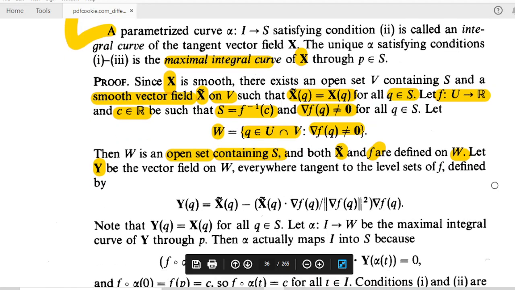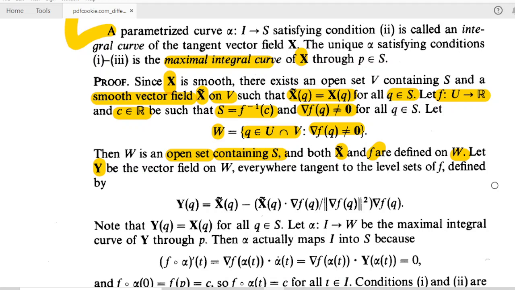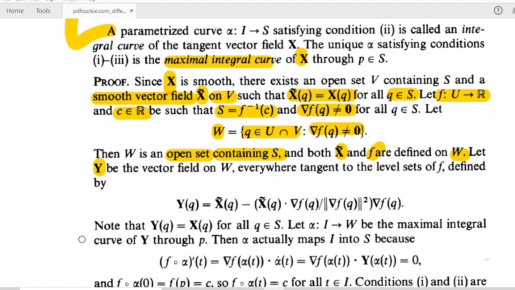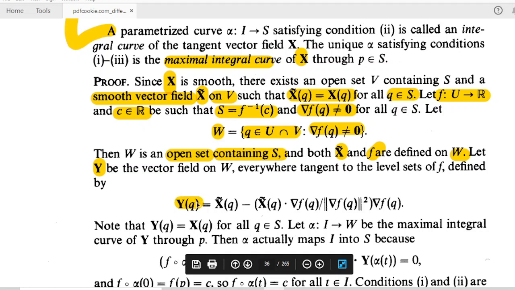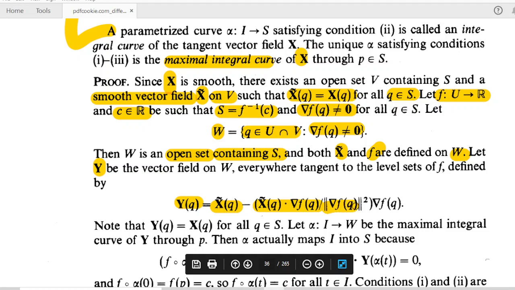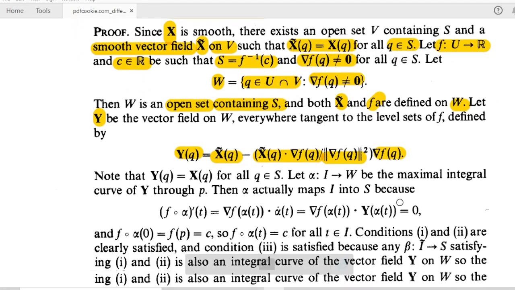Let capital Y be the vector field on W, everywhere tangent to the level set of F, defined by Y of Q equal to X tilde of Q minus X tilde of Q dot nabla F of Q, divided by the norm of nabla F of Q squared, times nabla F of Q.